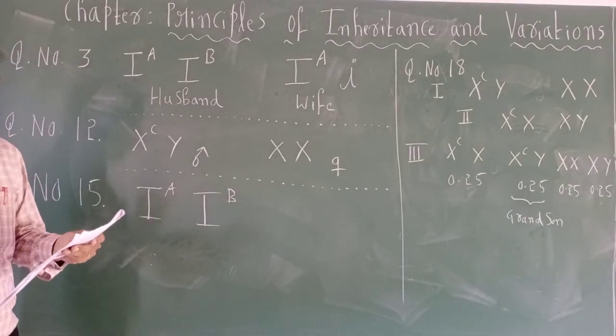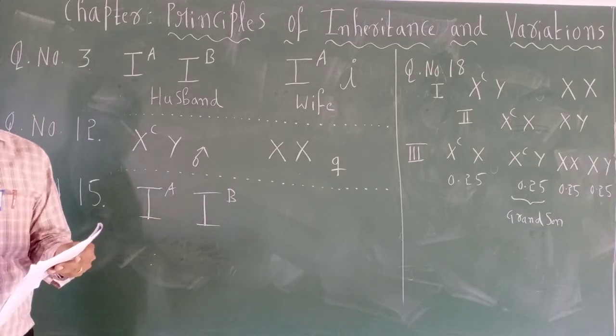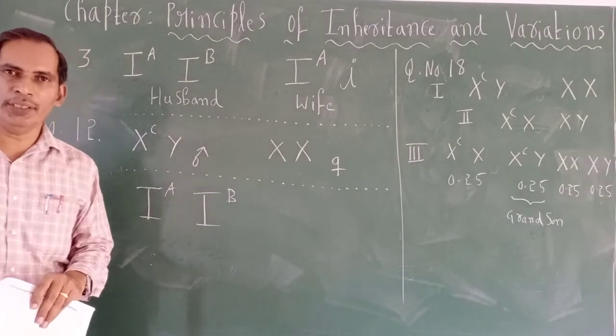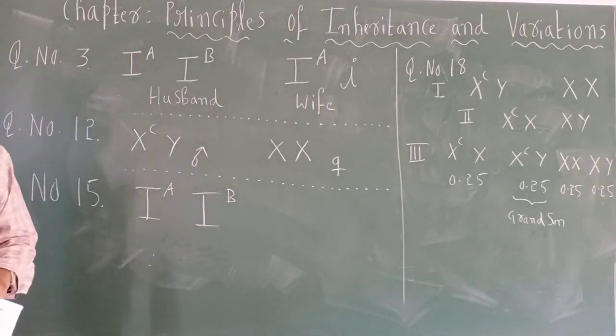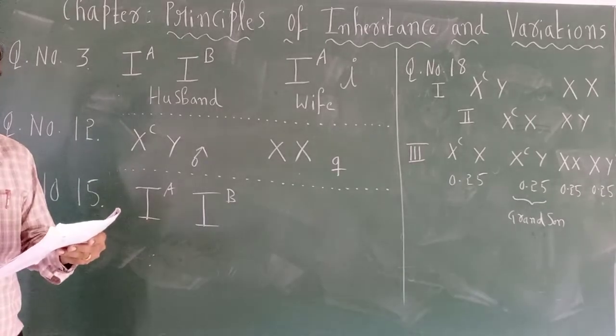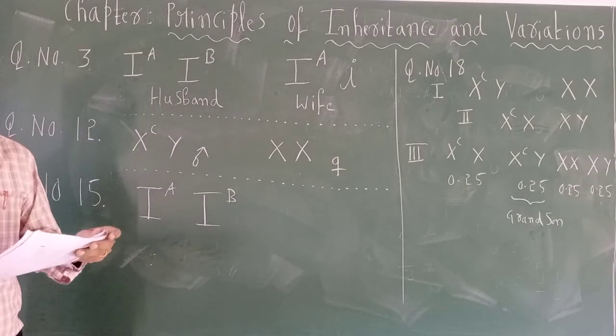So, the correct option is monohybrid cross with incomplete dominance. Only in incomplete dominance, in F2 generation, the genotypic ratio as well as phenotypic ratio is same. So, the correct answer is option D, monohybrid cross with incomplete dominance.